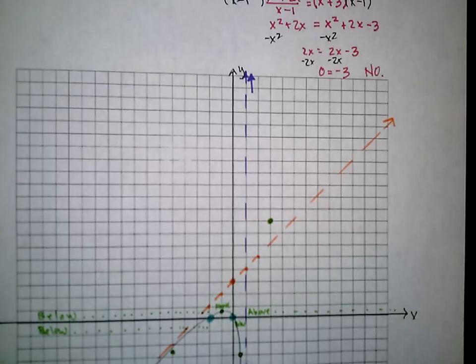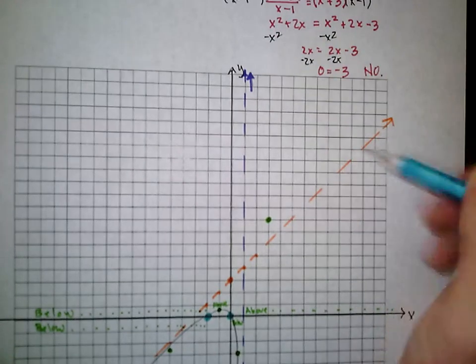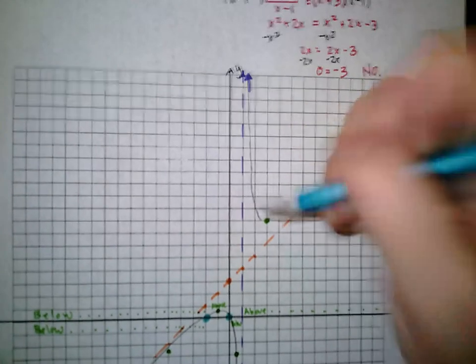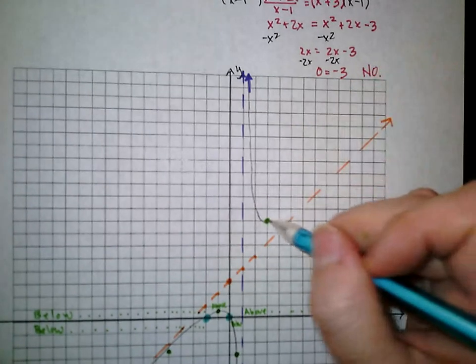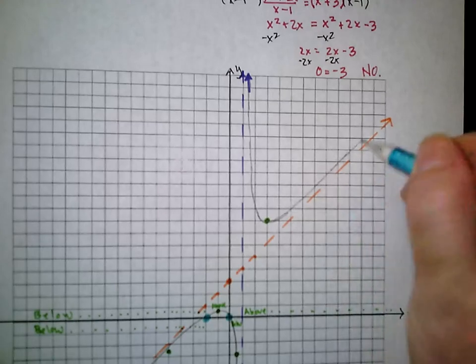Okay. Now I only have that one ordered pair in this section, but I also know that my graph has to go towards positive infinity here, and it doesn't cross this orange line. So I can get a sketch knowing that it has to go through that ordered pair, and then it has to turn and go along this asymptote.